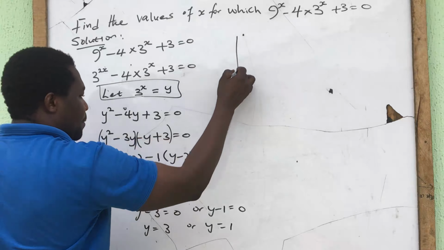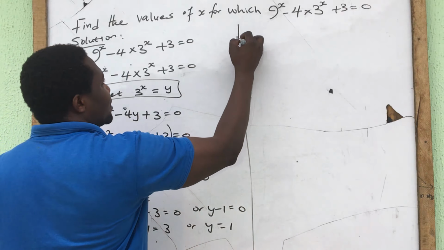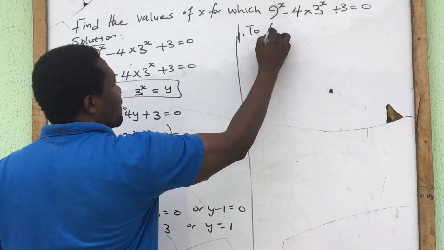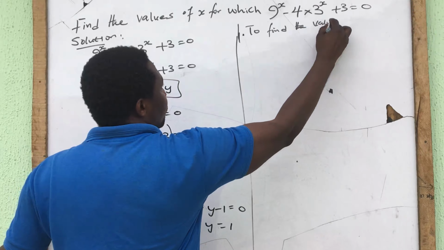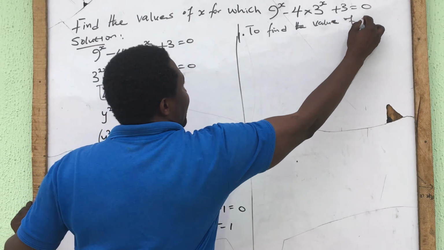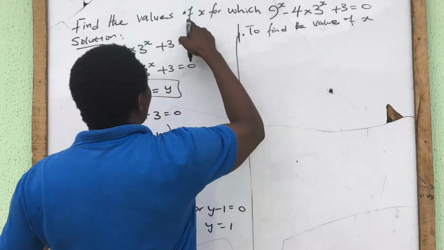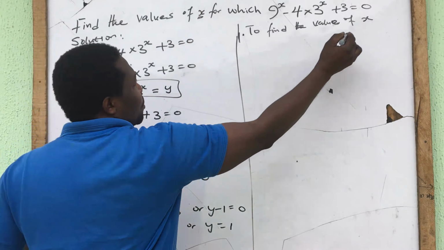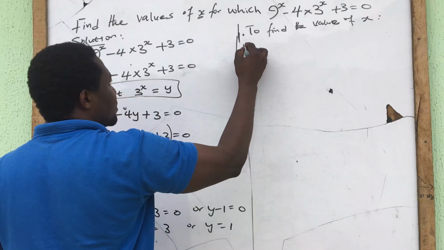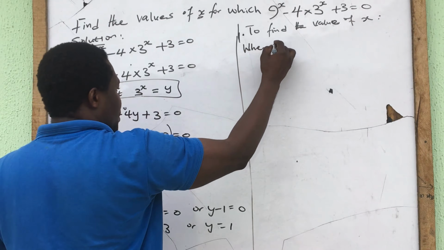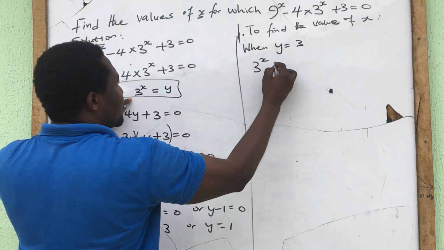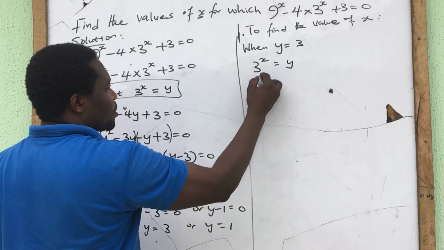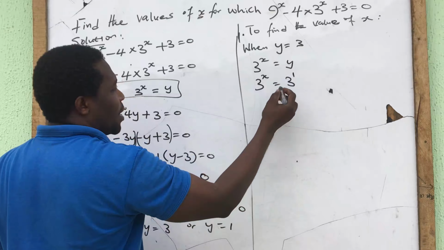With this now, to find the value of x: when y equals 3, remember 3 raised to power x equals y, then 3 raised to power x equals 3 raised to power 1.